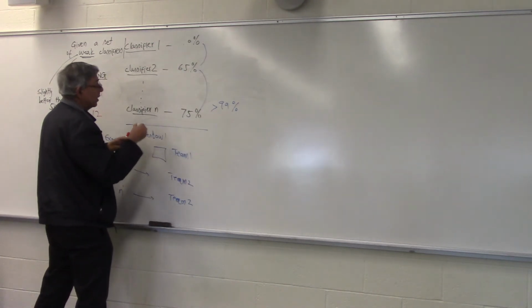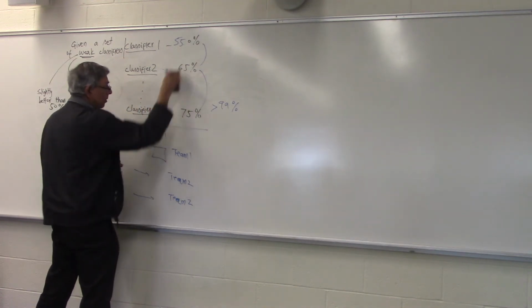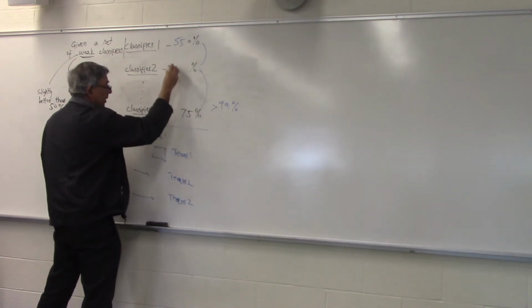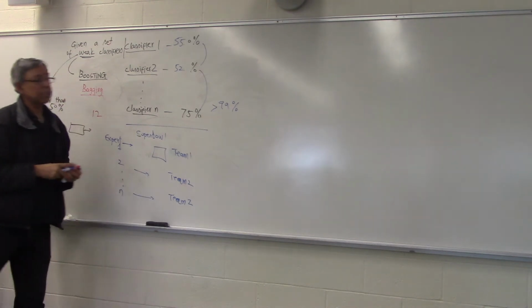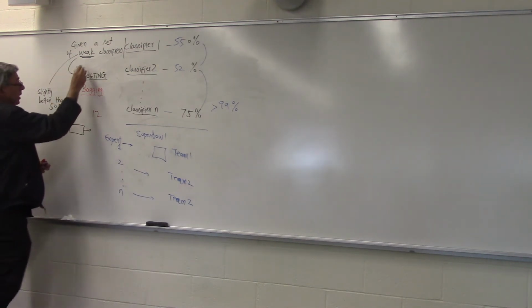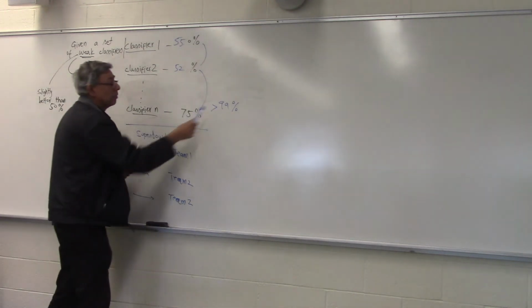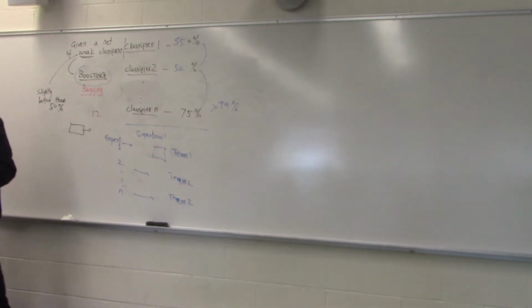Let's pretend this one is only 55% accurate, this one is only 52% accurate, as long as it's more than half. So the beauty of the boosting approach is we can combine these many, many weak classifiers into an extremely strong classifier such that we can get almost 99% accuracy, okay?